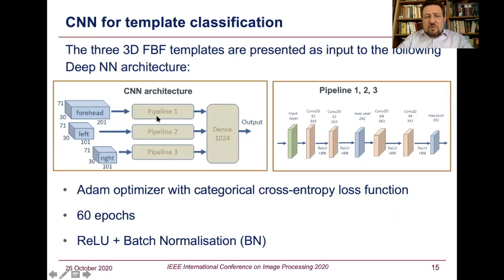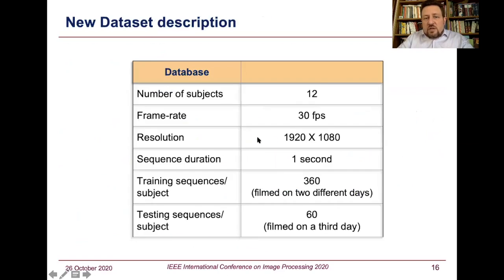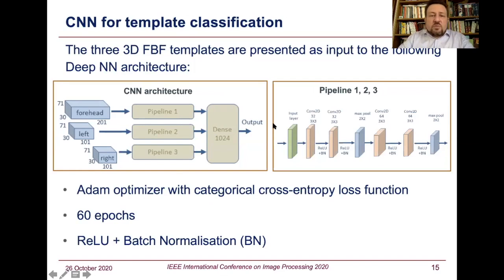The only difference between pipelines 1, 2, and 3 is the size of the input layer. Then the output of the three pipelines is presented to a fully connected dense layer, which is going to process this and do the actual classification and present you with the output, which is the identity of the person who is claiming identification.